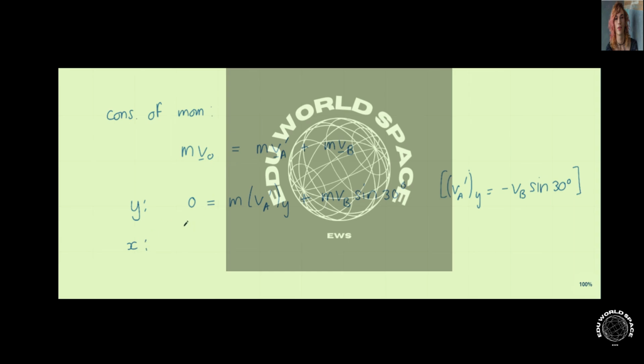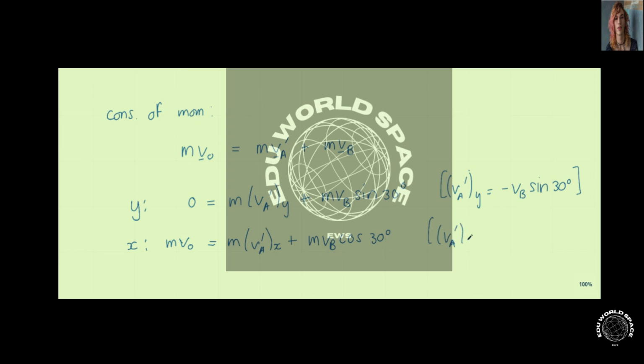The x component of this equation: m v naught is equal to m times VA prime in its x component plus m VB times the cosine of 30 degrees. And again, we can write down the x component of VA prime.